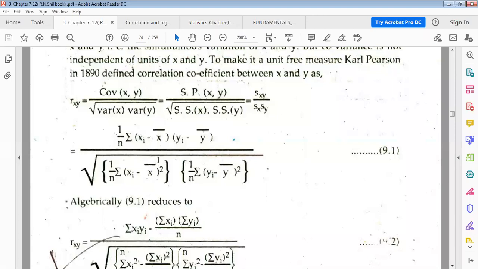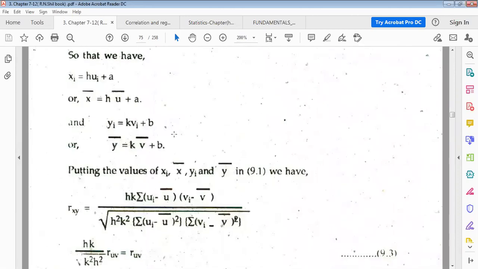This is the standard deviation, the square root of the variance, and the same for y. So this is the formula, and putting the xi, yi and x bar, y bar values in this equation, we get this equation.